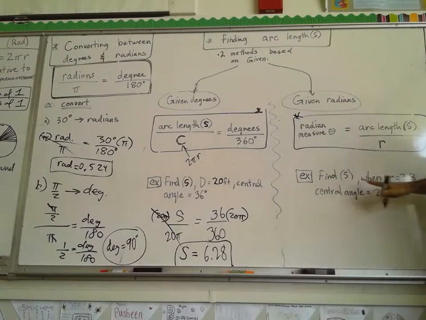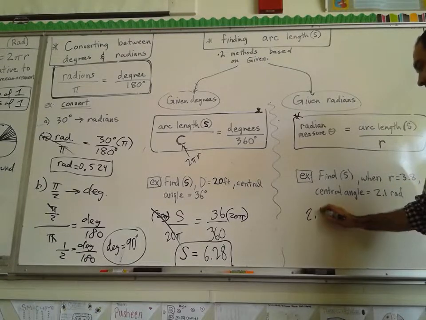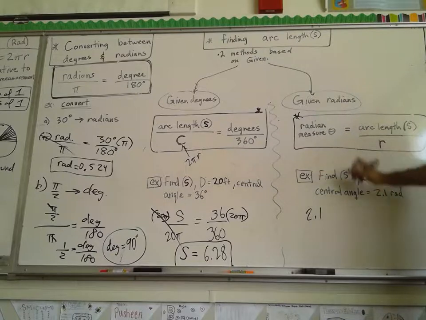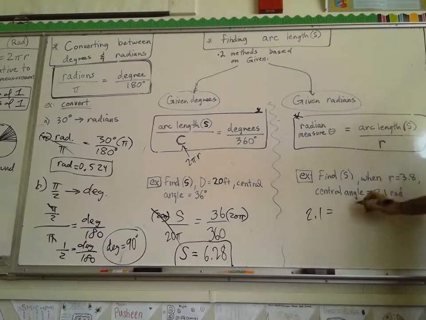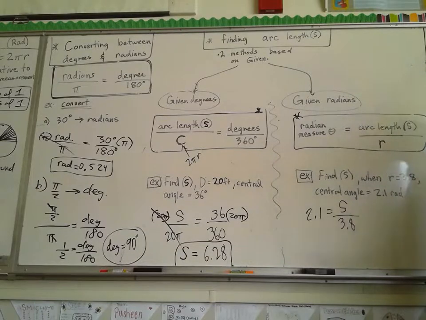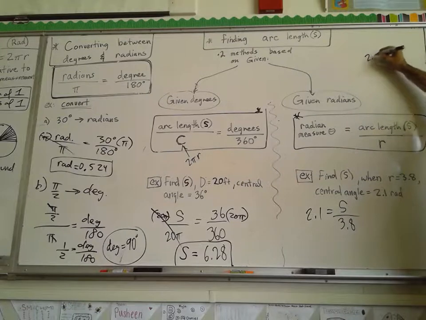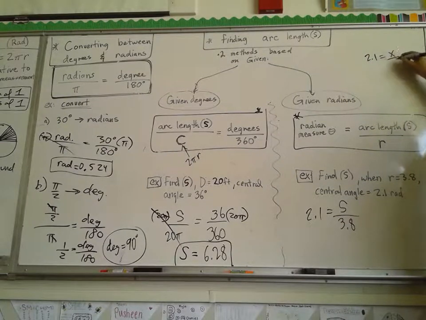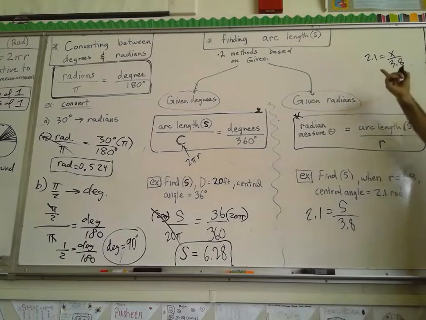Find S when radius is 3.8, central angle is 2.1 radians. Let's see. 2.1, that's my radian measure, is equal to arc length, S, when my radius is 3.8. If I just gave you this, everyone could do that.